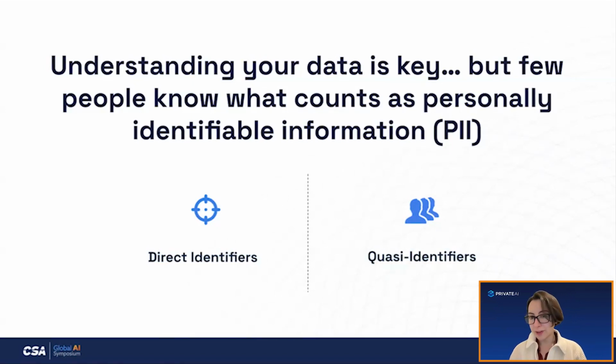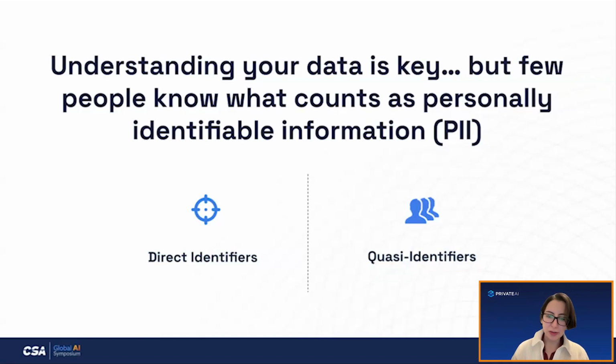And some quasi-identifiers can actually be special categories of sensitive data, like political affiliation, sexual orientation. And in some cases, you not only can't process these, but you could also consider them information that, when combined together, can exponentially increase the risk of re-identifying an individual.